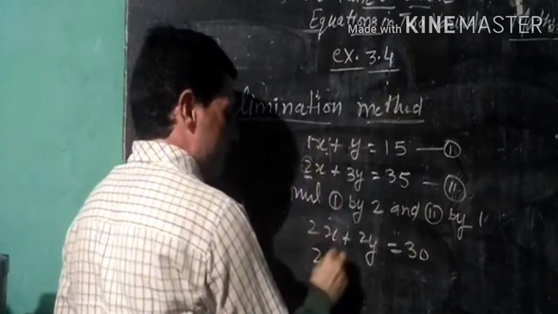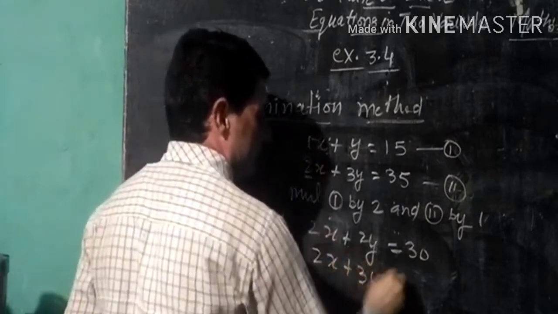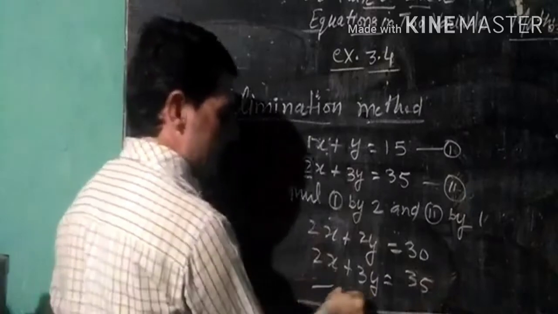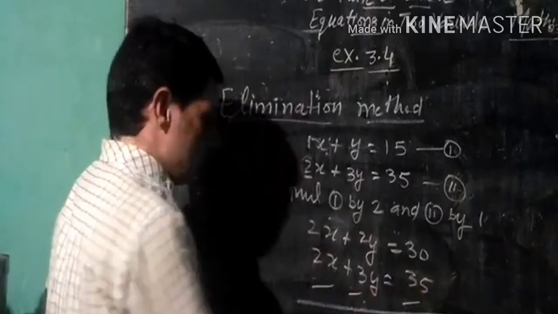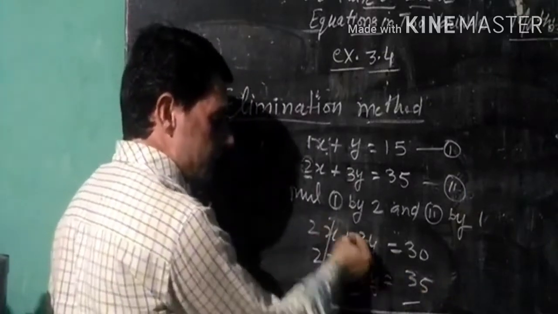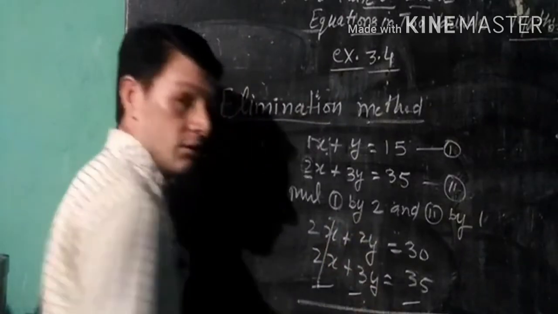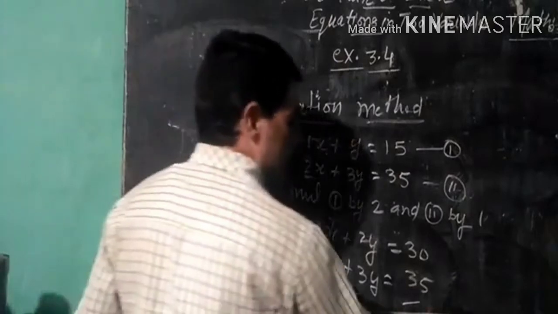It is multiplied by 1, तो ये सेम रह जाएगा 35. Subtract them, minus minus minus, कैंसल. ये तो दोनों कैंसिल हो जाएंगे. माइनस का 3 प्लस का 2 तो माइनस का y is equal to माइनस का 5. कैंसल. y is equal to 5.